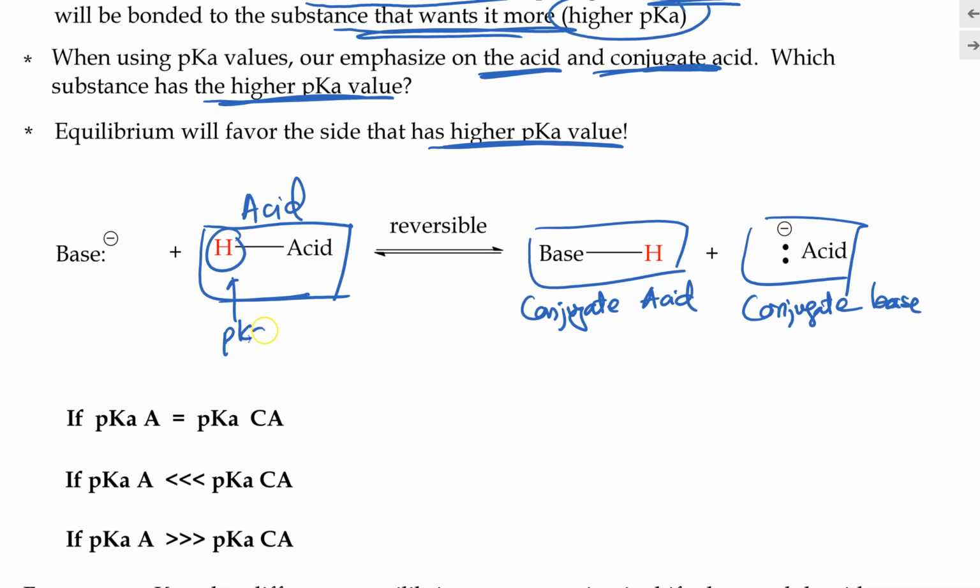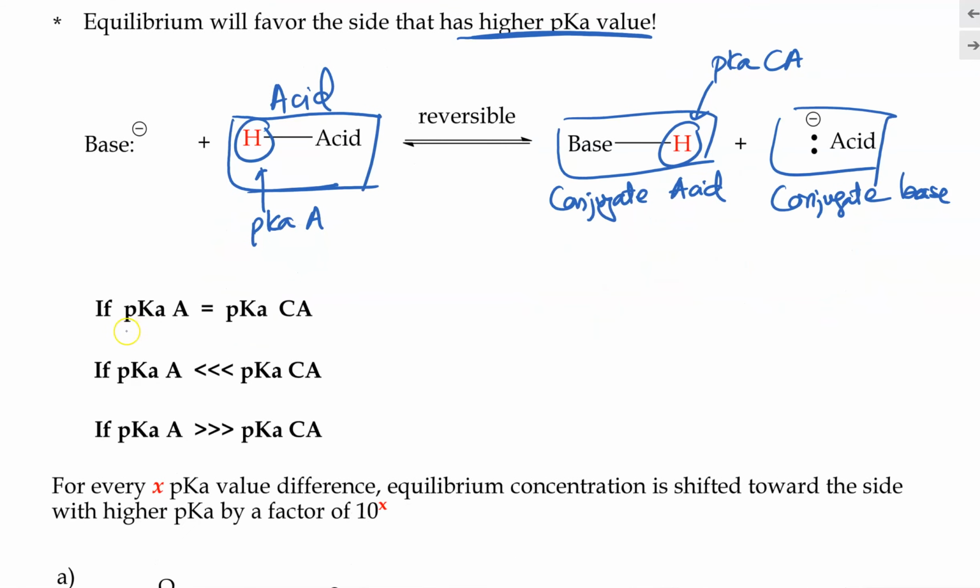So let's call this pKa value right here pKa A, meaning the pKa of the acid. And this pKa value right here, let's call this pKa CA, for the conjugate acid. So if the pKa of the acid is equal to the pKa of the conjugate acid, meaning the two substances have equal affinity to bind to the proton, or they both want the proton equally, then both of them will have an equal chance of binding to the proton.